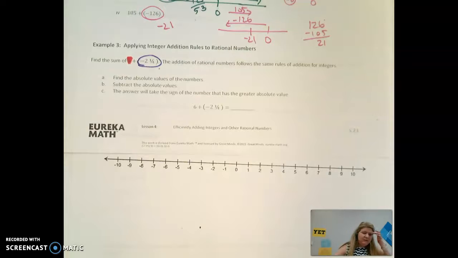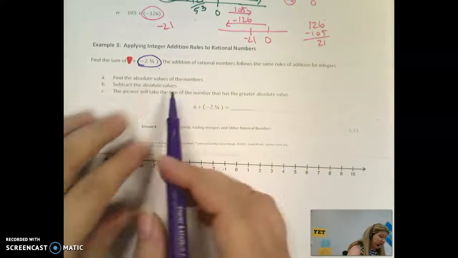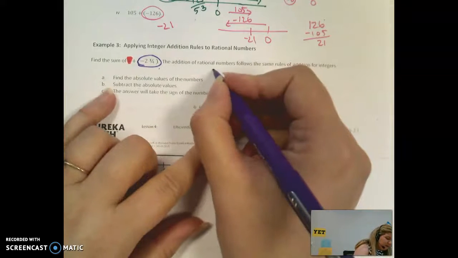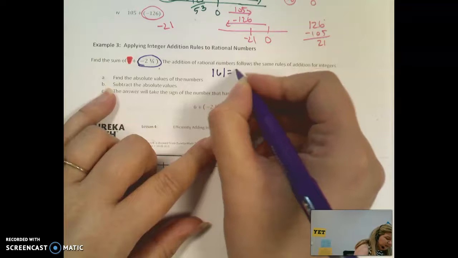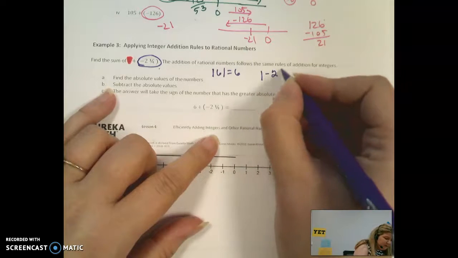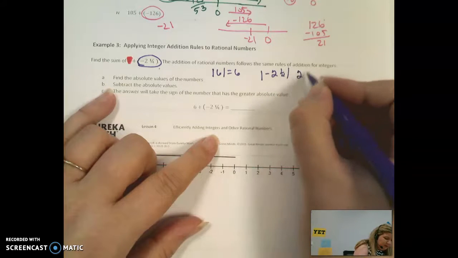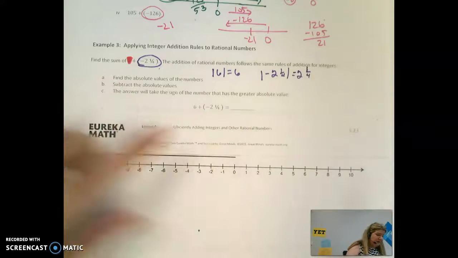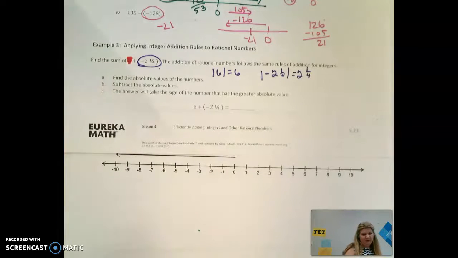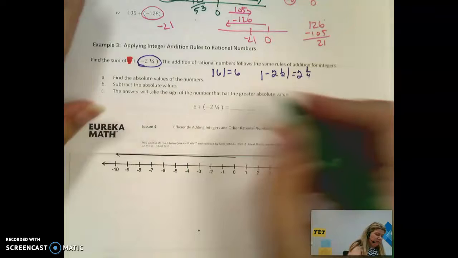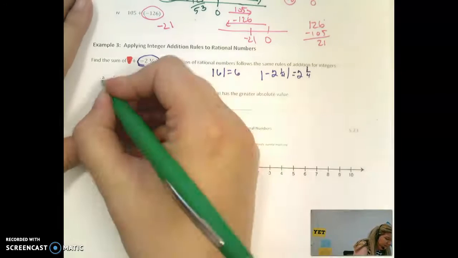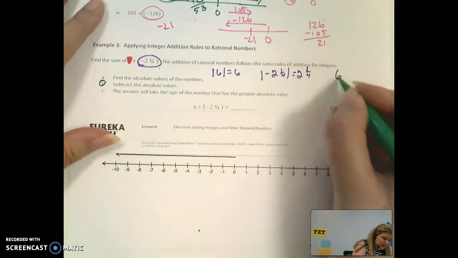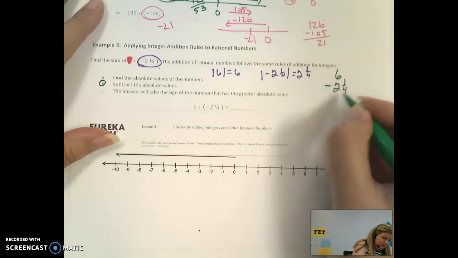Okay, so let's find the absolute value of these numbers. The absolute value of 6 is 6. The absolute value of negative 2 and 1/4 is 2 and 1/4. Subtract the absolute values. Now, I like doing it on the number line, but we're going to do it this way as well. This is part B. So we're going to do 6 minus 2 and 1/4.